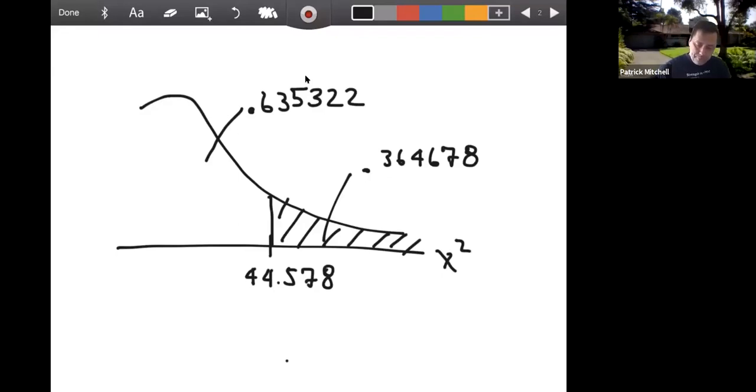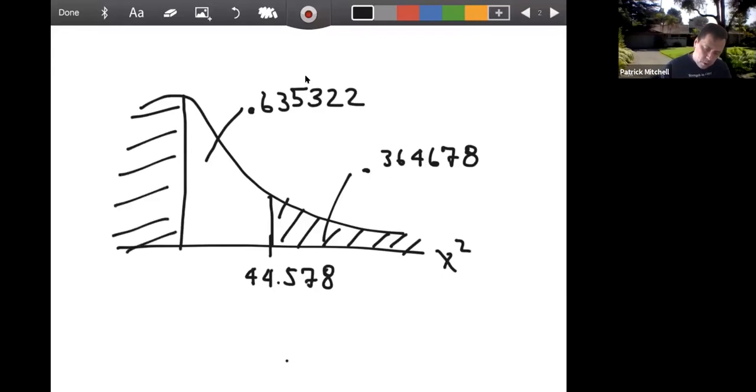Because this is going to be the area in my right tail, which means I also want to include an area in the left tail equal to 0.364678. Okay.